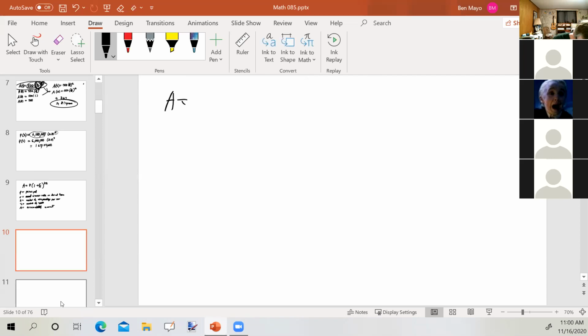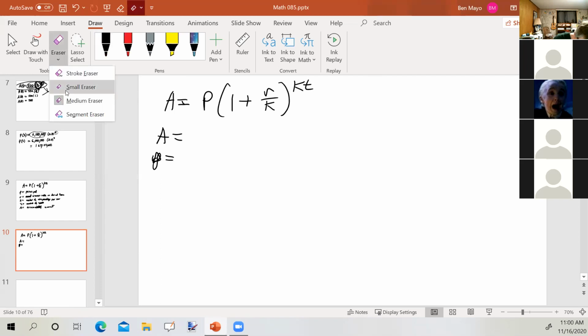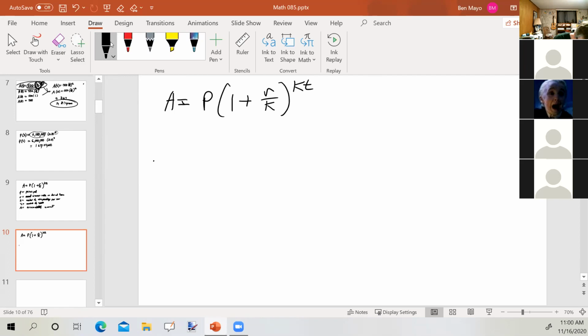Okay, so A equals P times 1 plus R over K to the KT power. Okay, can never get my eraser to work correctly. Let's do this. Let's go P, R, K, T, and A.